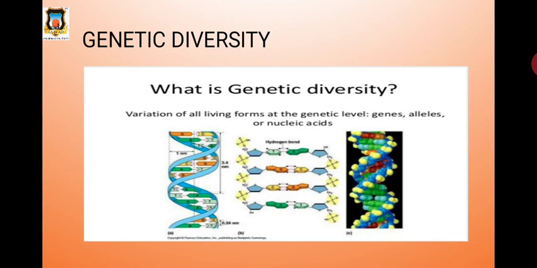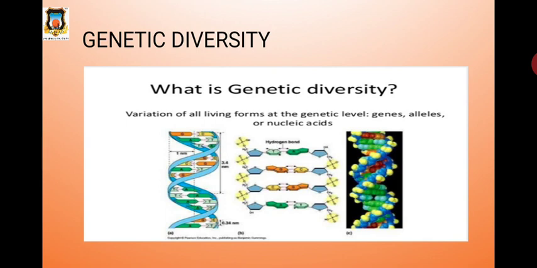Then nature and origin of genetic variations. Genetic variation is a measure of the genetic differences that exist within a population, and the genetic variation of an entire species is called genetic diversity.